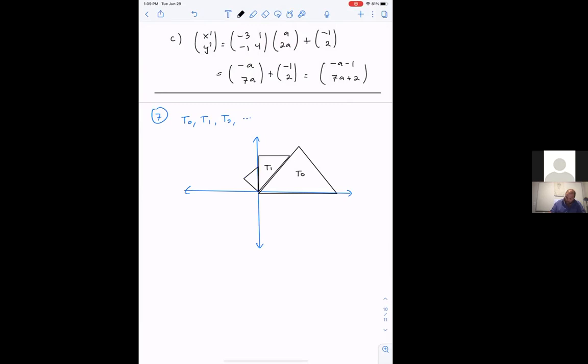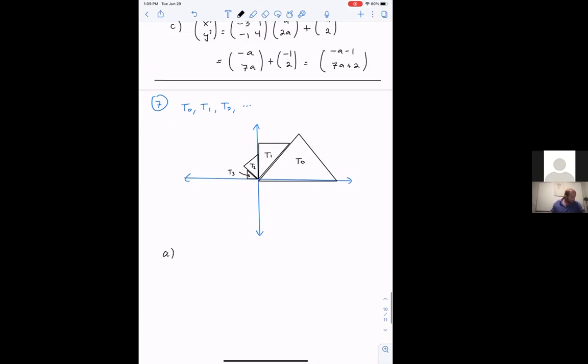They call that T2. And the next one looks something like this. They call this T3, and so on. So we can see that we're rotating, and we are also, they call it an enlargement factor, but apparently this enlargement factor is less than 1, so it's actually shrinking.